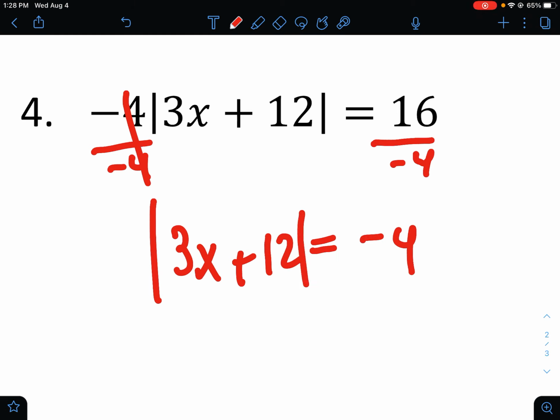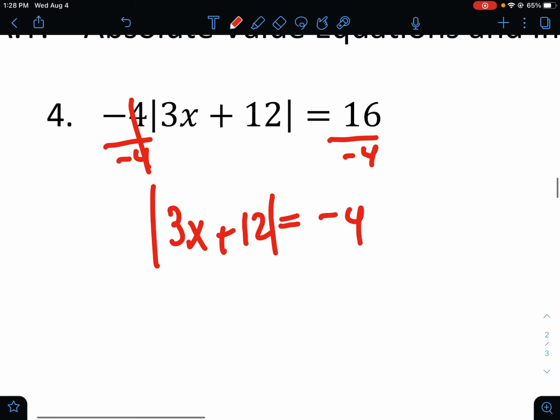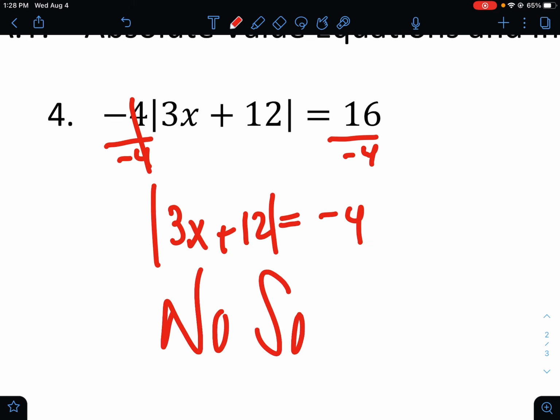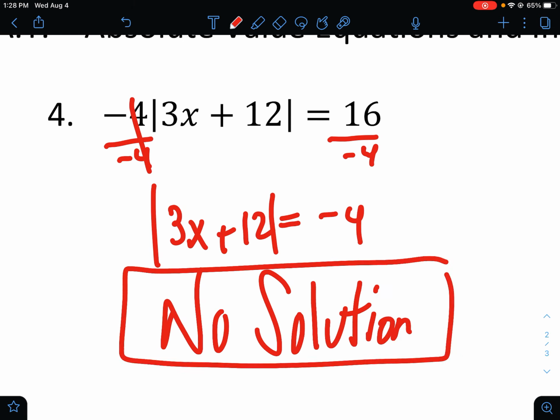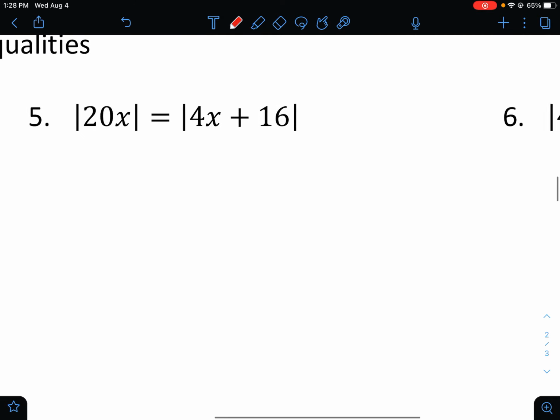Now here's where we need to recognize, hey, wait a minute. Whatever is inside here cannot equal a negative number. There's nothing I can take the absolute value of and have it come out to a negative number. So right away, I don't need to do anything. I already know that this is no solution. Nothing will work here to give me a negative 4. It's not possible.